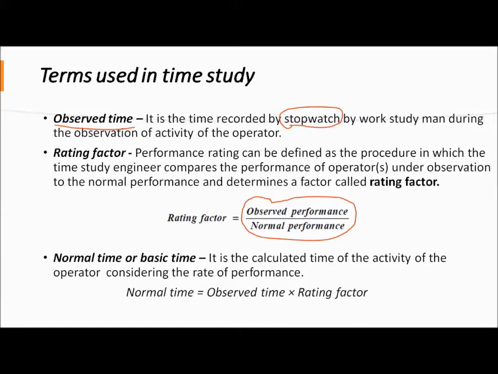Suppose the rating factor is 1.2, then that means that the operator is working at a faster rate. The normal working rate is compared to 100 percent, but your worker is working at more than that, that is 120 percent. That is the idea behind a rating factor.